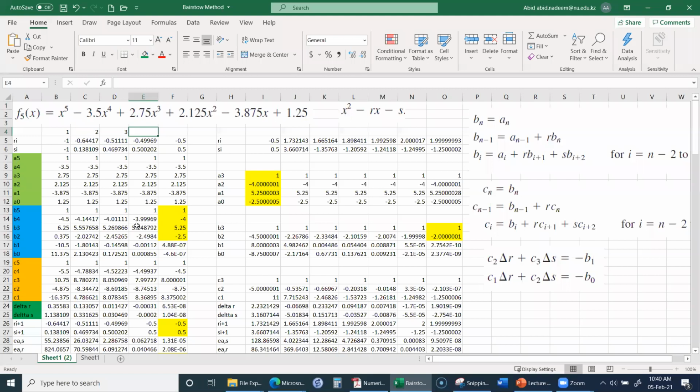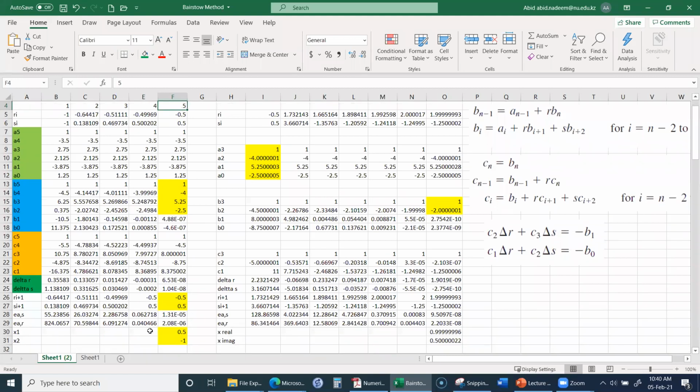After 5 iterations, I found that the percentage relative errors are 1.3 times 10 to the power minus 5 and 2 times 10 to the power minus 6, so very close values. These values give us R and S as minus 0.5 and 0.5.